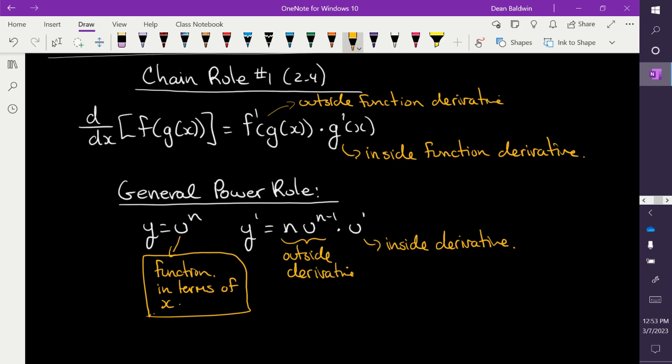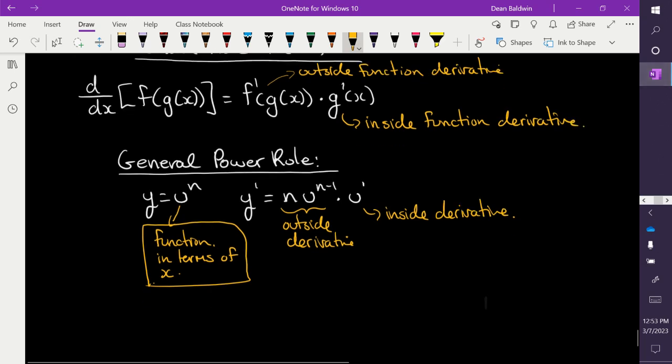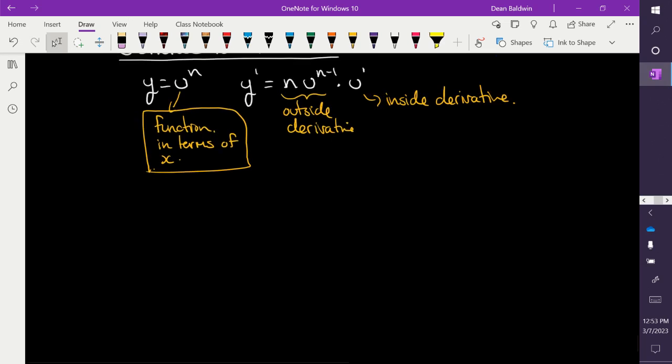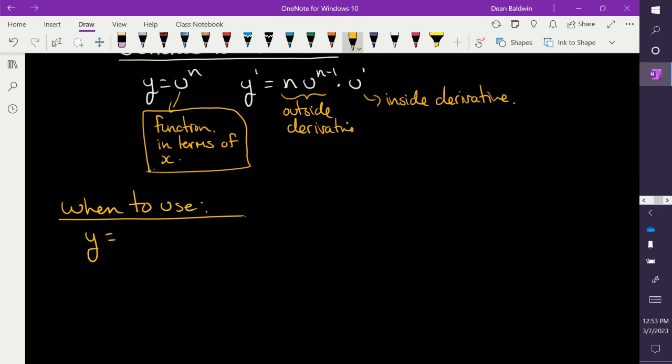So when do you use chain rule or the general power rule? It's for functions that look like this. If you have y is equal to x squared plus 1 to the power of, I don't know, 10, you could, in theory, multiply that out 10 times and generate the polynomial.